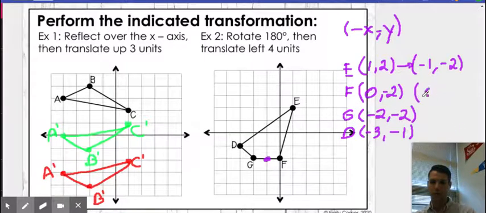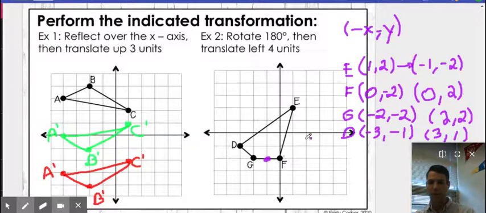All of these are going to become the opposite signs after this 180-degree rotation. So I have my new point F. I already have my new point E. My new point G would be 2, 2. And my new point D would be 3, 1.